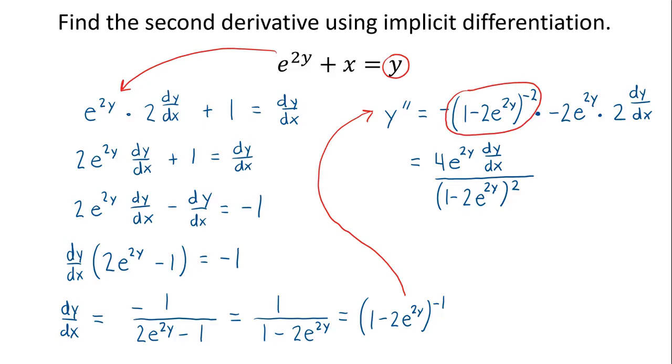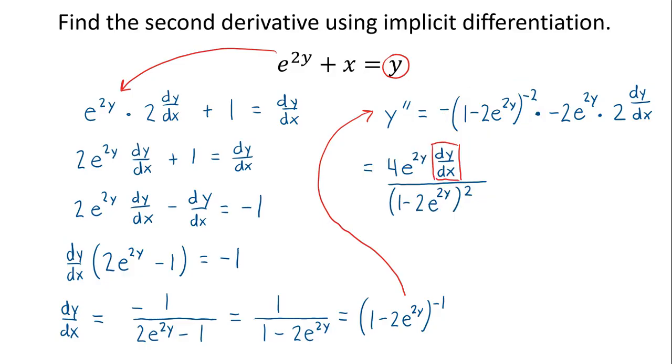And that's still multiplied by the difference 1 minus 2 times e to the 2y, all raised to the negative 2 power. But I'm going to manipulate this in such a way that we make that negative 2 exponent a positive 2 exponent. So that places the difference 1 minus 2 times e raised to the 2y in the denominator of a fraction, and the negative 2 exponent now becomes a positive 2.